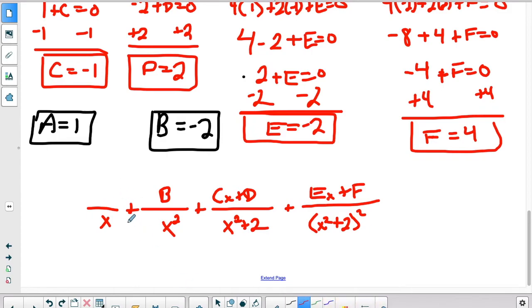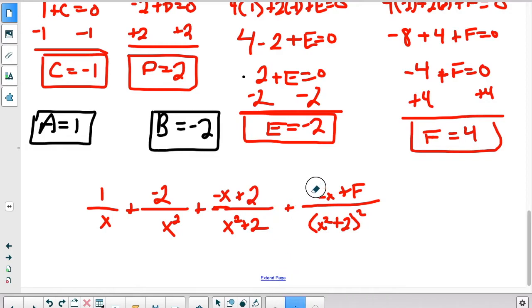Now we found the value of a to be 1. We found the value of b to be negative 2. We found the value of c to be negative 1, so we'll just write it as negative x. Found the value of d to be 2.